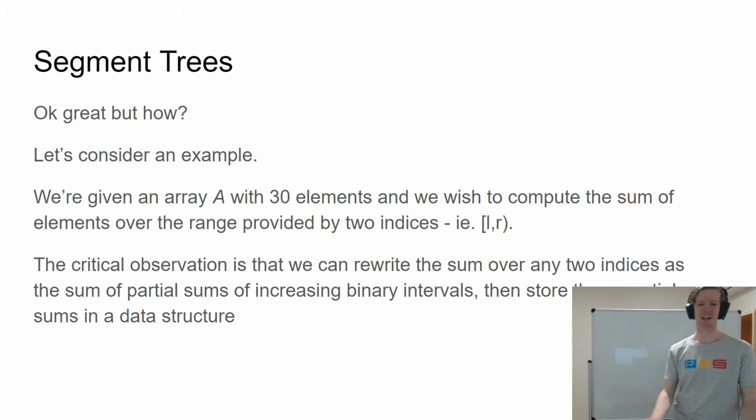Okay, great. It's a logarithmic data structure, but what is it? It's not just magic, it actually exists. So I think the best way to talk about this is through an example. I'm going to create a segment tree with 30 elements, and it's going to compute the sum over a range inclusive of the lower bound and exclusive of the upper bound.